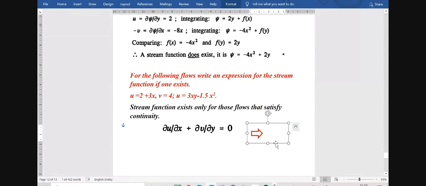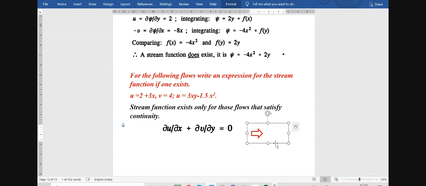In the earlier problem, it is given that there is a flow. Now we are taking the following flows: write an expression for the stream function if one exists.